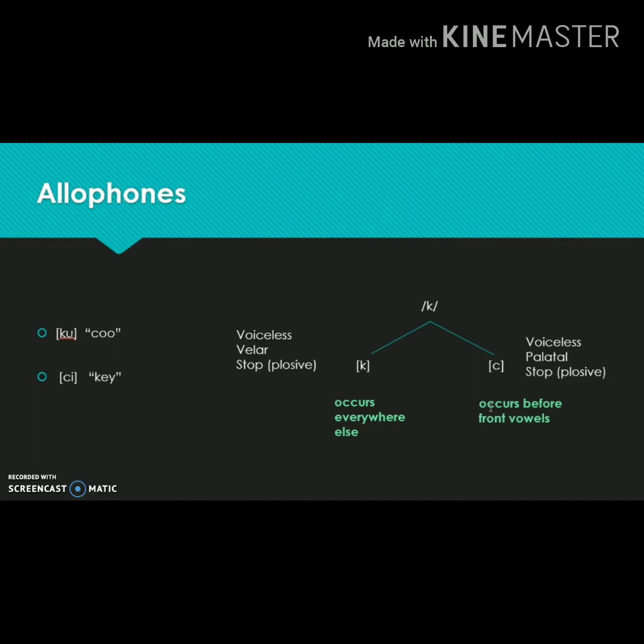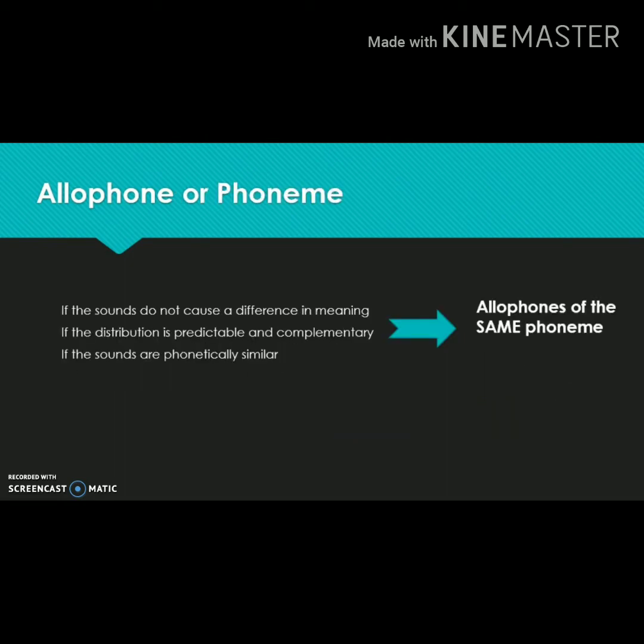And that shows up before front vowels, where the k sound occurs everywhere else. Again, as native English speakers, we think it's the same sound. So that's why we consider it the same phoneme. But those two sounds are allophones of that single phoneme in English.